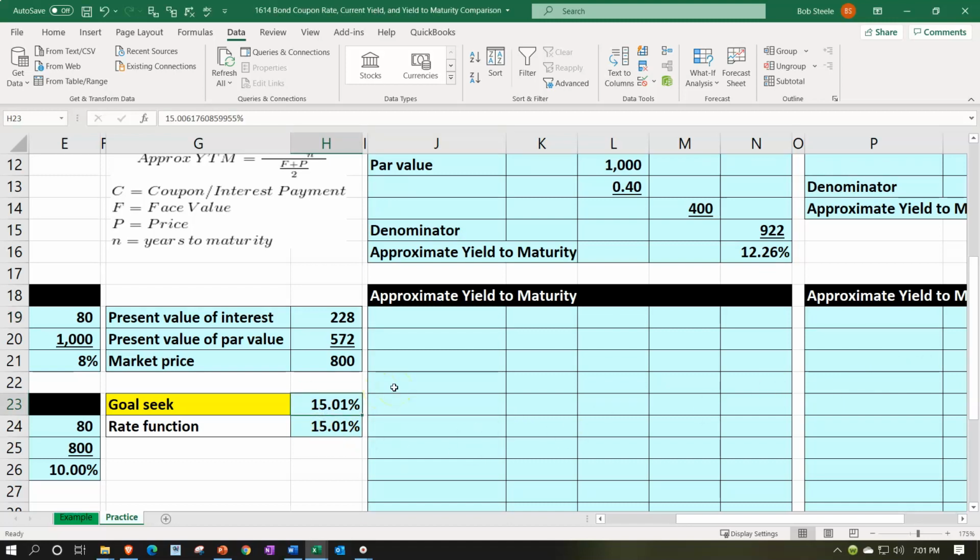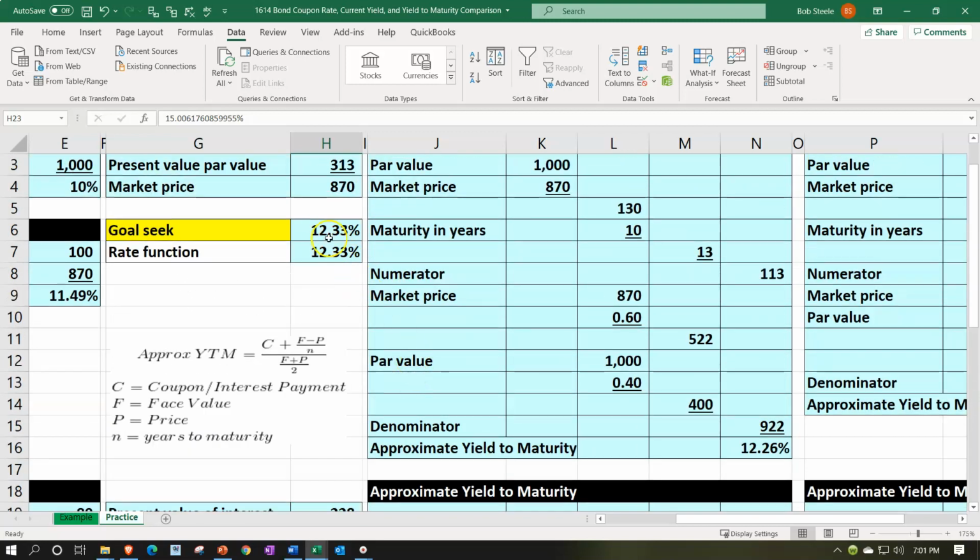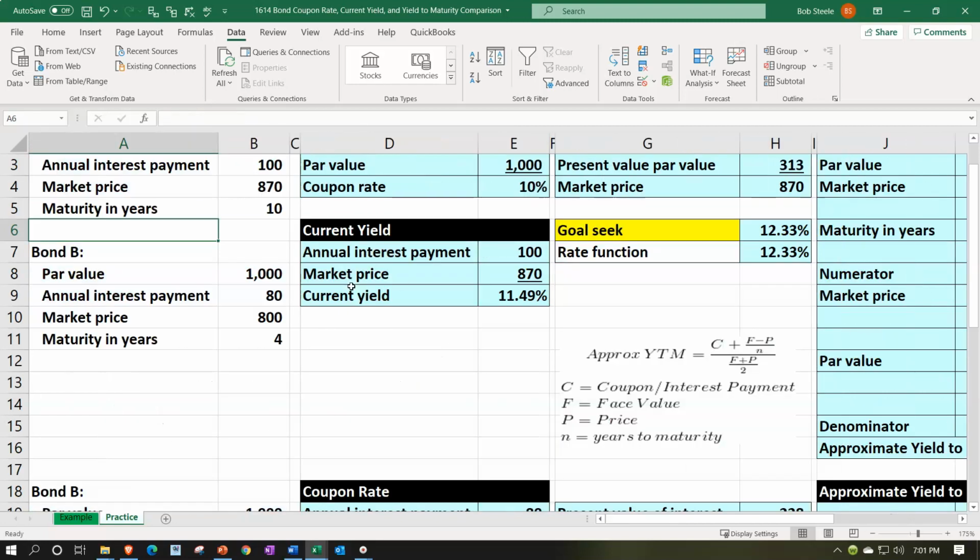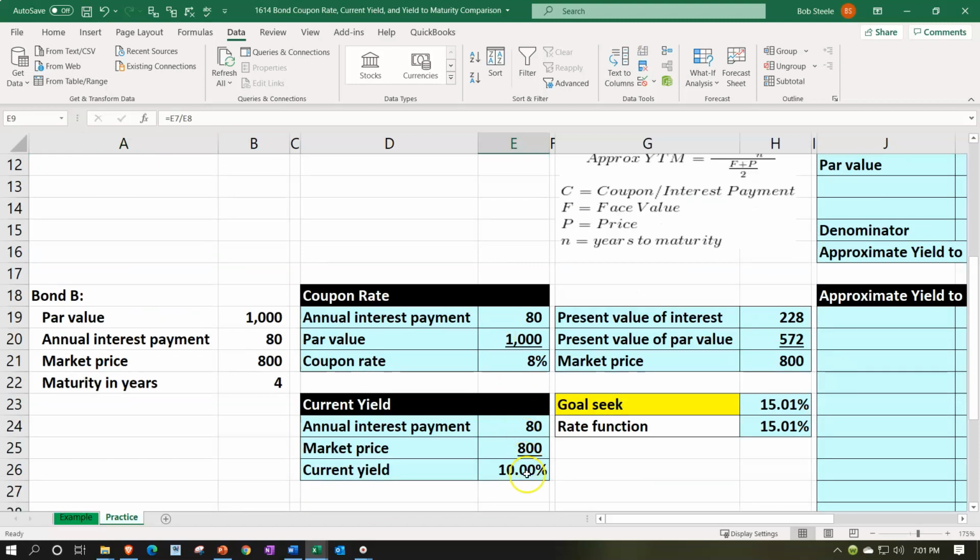We get to the 15.05, which is higher than the 12.33, which is kind of a more reliable calculation, because you'll recall that the current yield, the first one, was higher up here than the 10%. So we have a bit of a difference. Why would that be? Well, you can see here one reason is the maturity date.